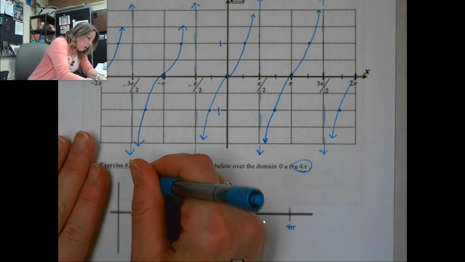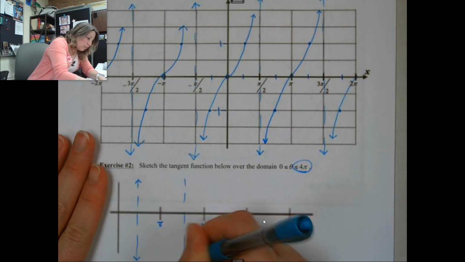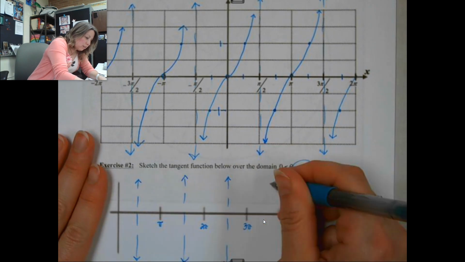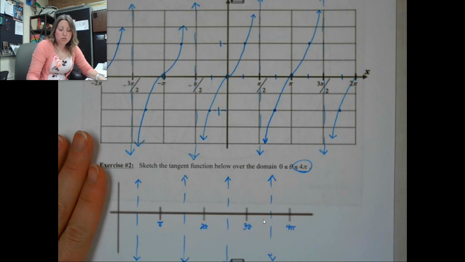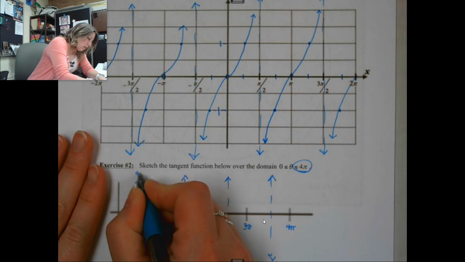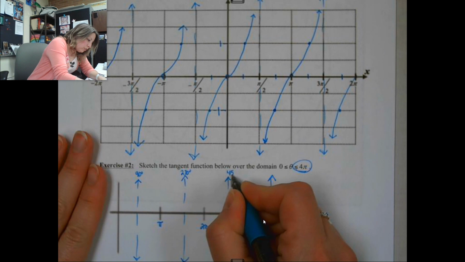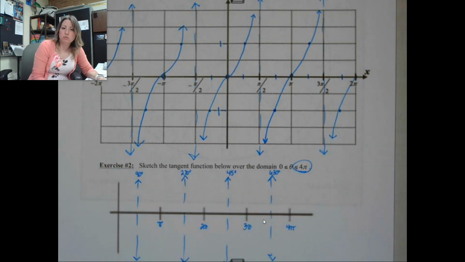Your asymptotes are at 90, 270, and then up past it, 450, and then what's that guy? Uh, 630, right? So I'll write them up here. 90 degrees, 270 degrees, 450 degrees, and 630 degrees. I didn't have that memorized, sorry.